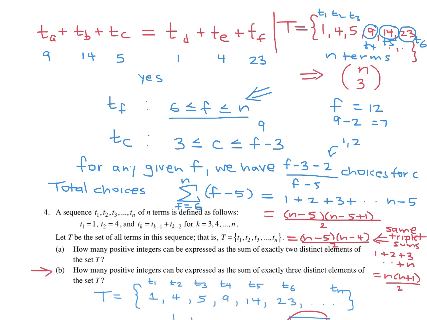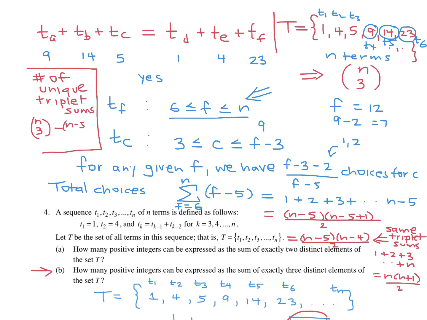So that means the number of unique triplet sums is equal to the total number, which is n choose 3, minus this guy right here that I just got, which is n minus 5 times n minus 4 all over 2. And this is the answer to the question.